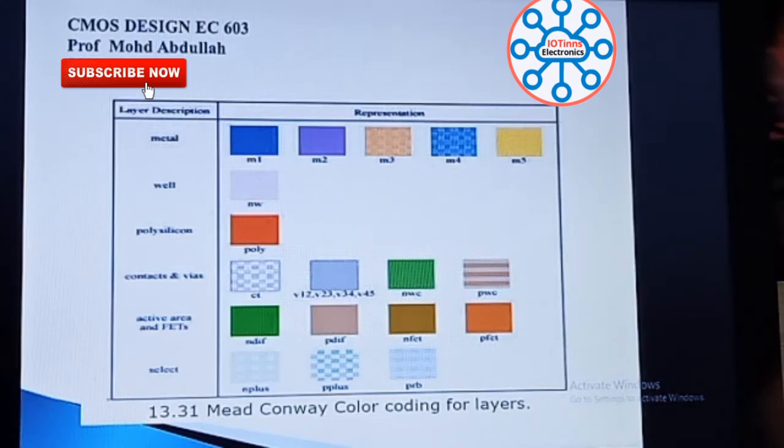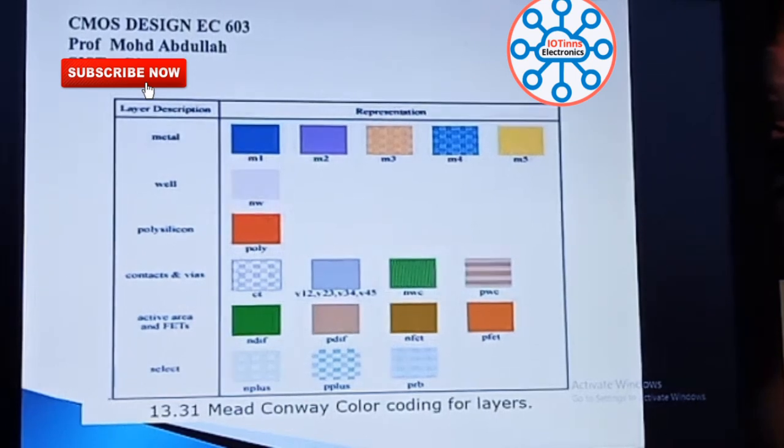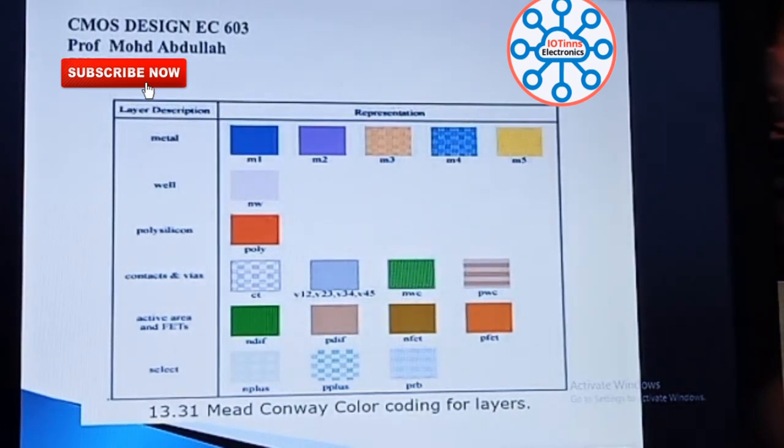For example, for N well and P well, which color you have to choose, and the last one is the selection area. This whole diagram explains the color combinations you are going to use while designing a circuit through CMOS technology.